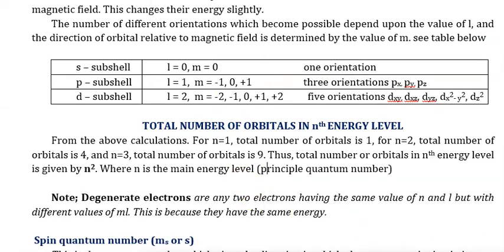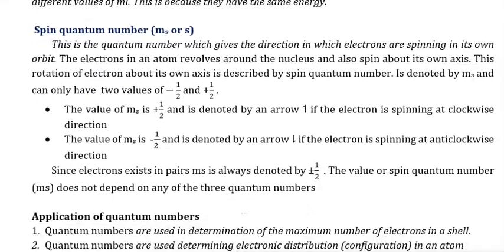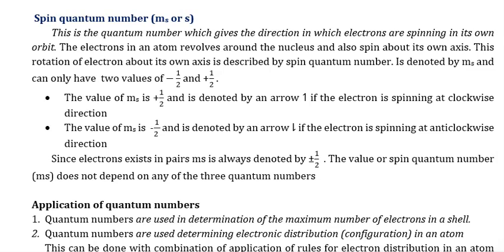Now, let's finalize our discussion by discussing the spin quantum number. ms is the short form which is commonly used rather than s. The value of the spin quantum number does not depend on any other quantum number. It determines the direction of spin of the electron in its orbit, whether the electron spins clockwise or anti-clockwise.